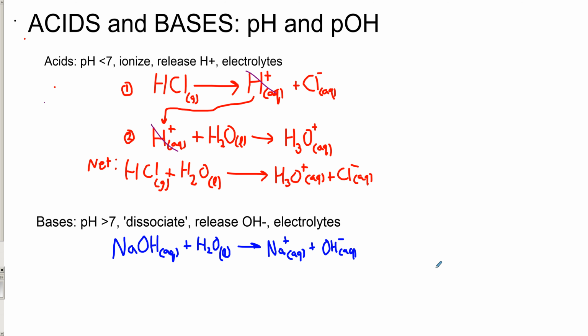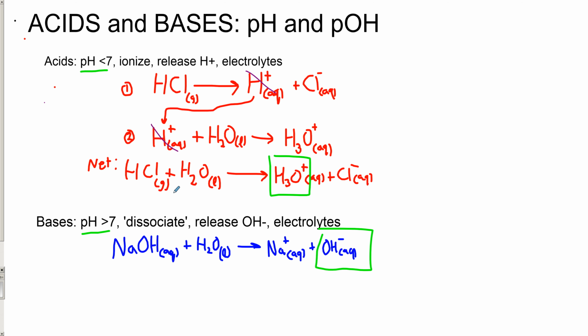Now here's the point of this lesson, because this was all review. Now we're going to get into the actual meat. There's got to be a way to figure out how much H3O or how much OH minus there is in a solution. And amazingly, it's connected to the pH.